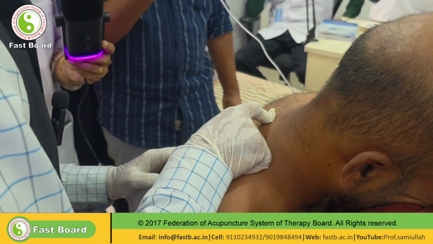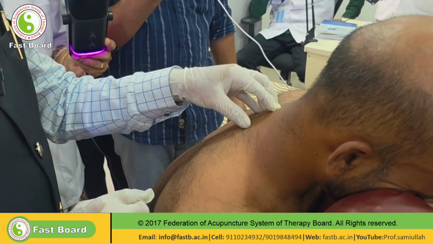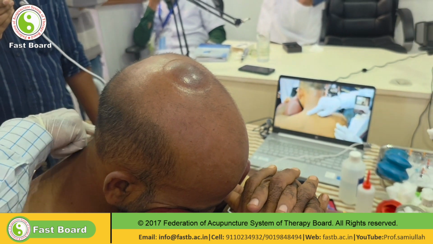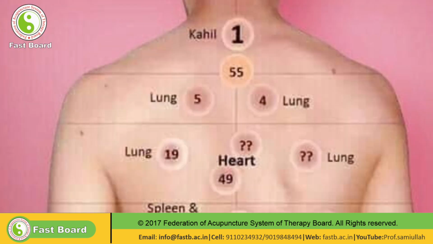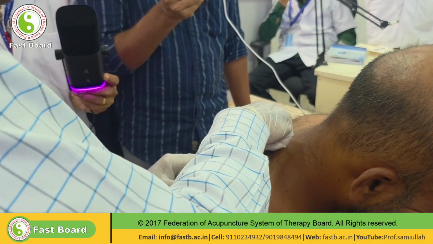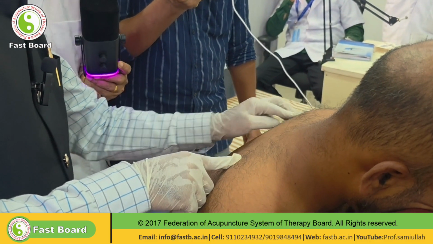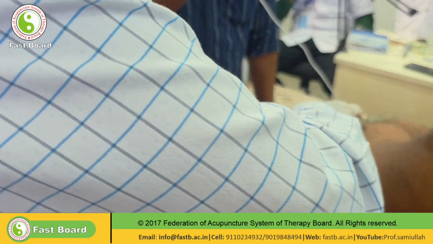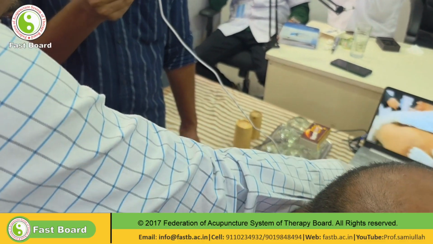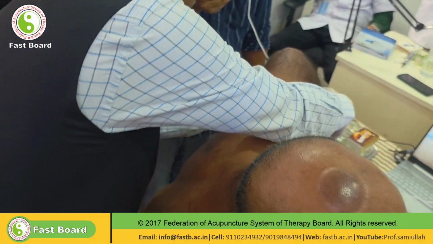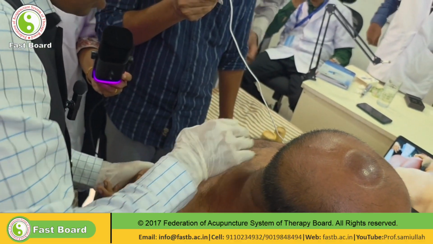Everybody knows DU14. But this particular region, or maybe around this region, is known as the Kahil. You can use this point, but consider this entire region. For example, make this the shoulder. Inside the shoulder, you place your hand like this, palm in the upward direction.